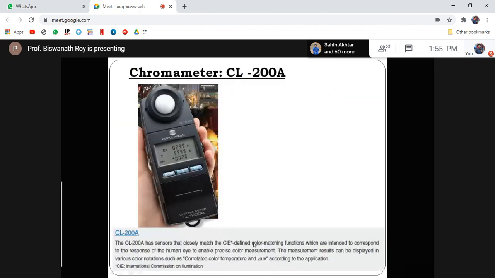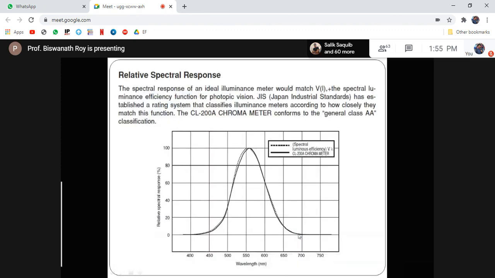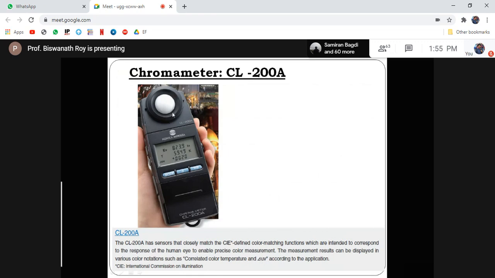Now, what is meant by this CIE color matching function? Actually, we have three different types of cone photoreceptors. And in this sensor, there are three sensors: red sensitive, green sensitive, and blue sensitive. The three sensors have the same response as the cone photoreceptors of our eye.